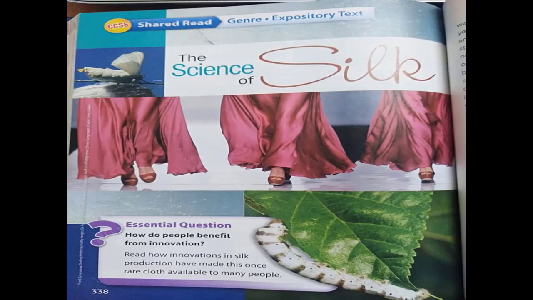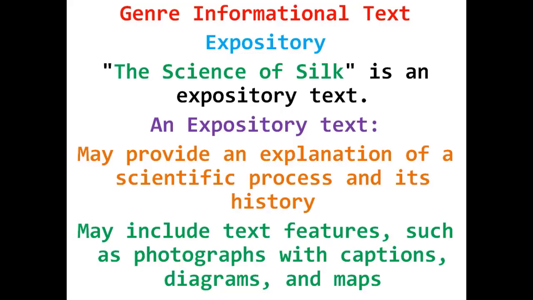The genre of this text is expository. The Science of Silk is an informational, expository text. What does this mean? Expository text may provide an explanation of a scientific process and its history.